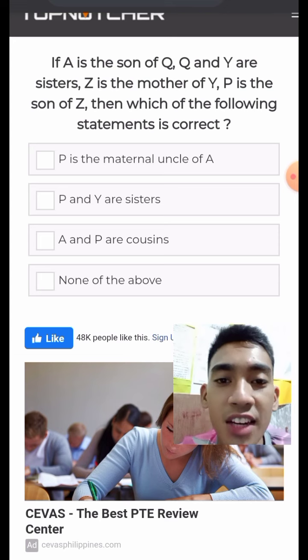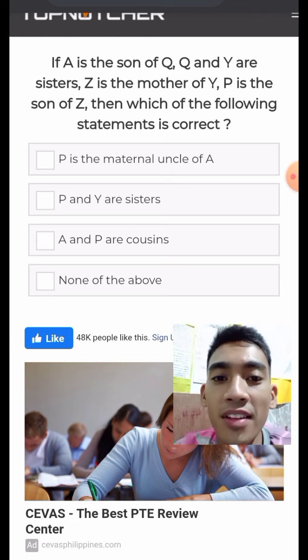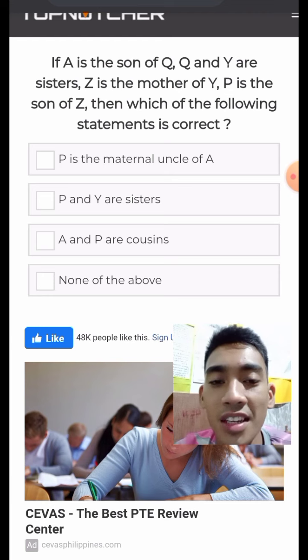If A is the son of Q, Q and Y are sisters. Z is the mother of Y. P is the son of Z. Then which of the following statements is correct?